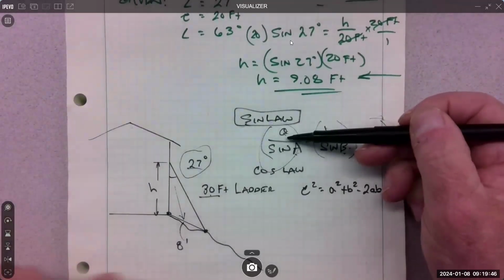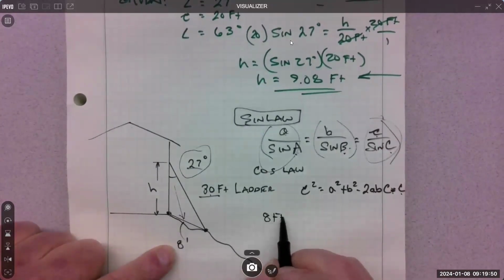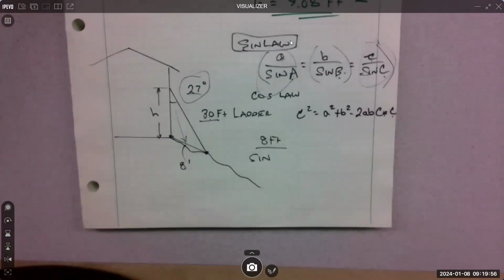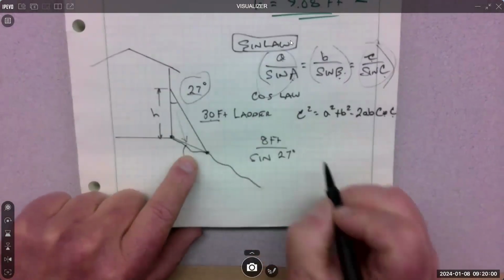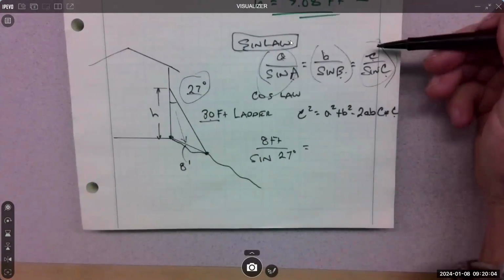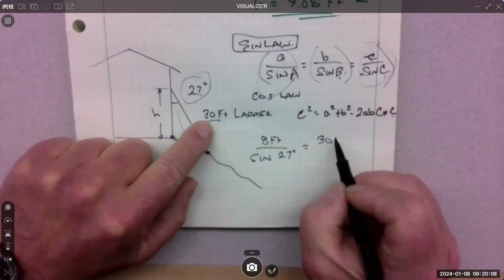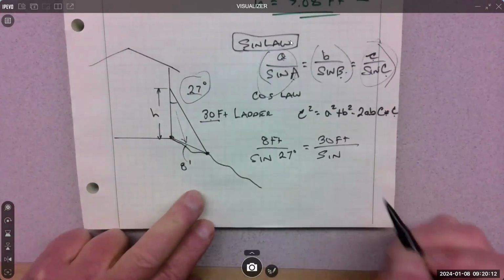So I'm gonna write this one first as 8 foot over the sine of what? 27, opposite of the 8 foot is 27. And then I'm gonna set it equal to, and I'll use this C function out here. 30 feet over the sine of what?